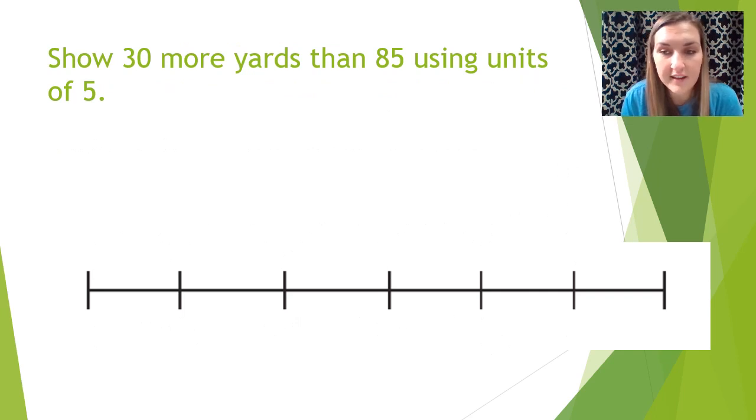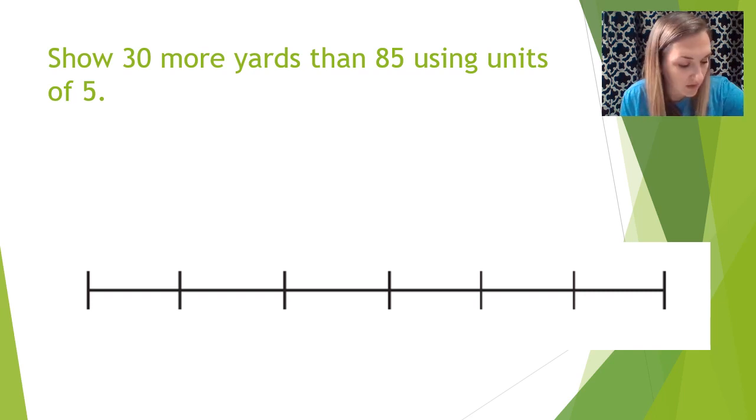New number line. Again, using the same blank number line, draw another one with 7 hash marks. Show 30 more yards than 85 using units of 5. Whisper into your hand what this number line is counting by. This number line is counting by 5s.